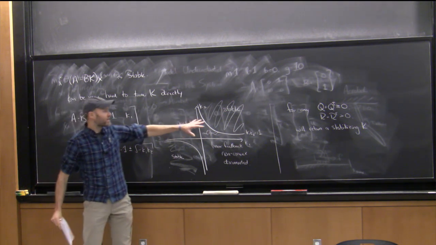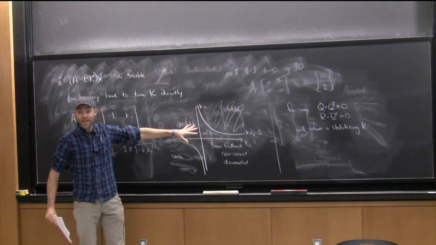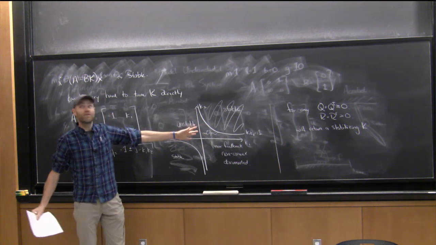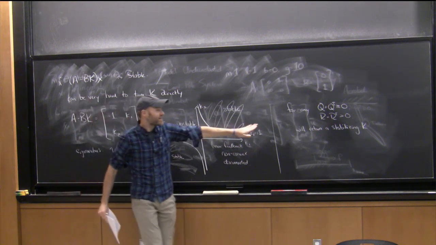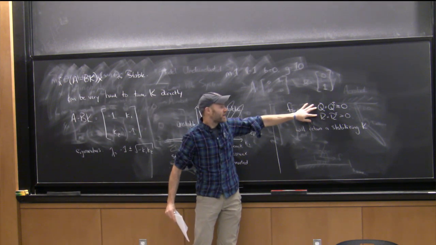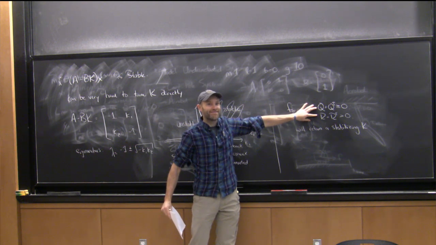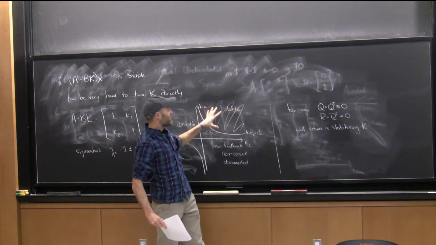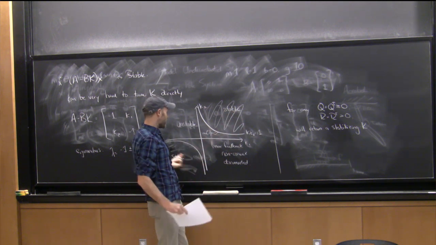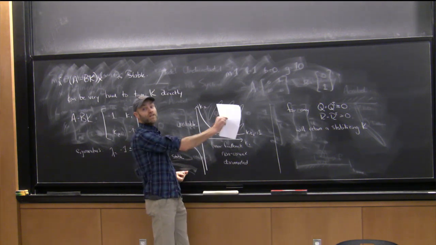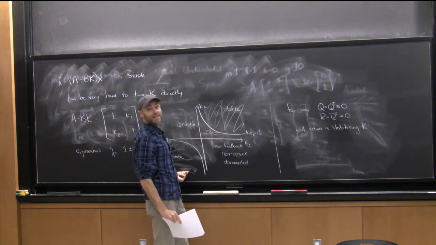Now, there's an interesting thing that you could ask. Any interesting things to ask? You might ask, can I parameterize every stabilizing controller, right? So is it the case that if I wanted any controller here, is there always a Q and R that I could pick to get that controller?